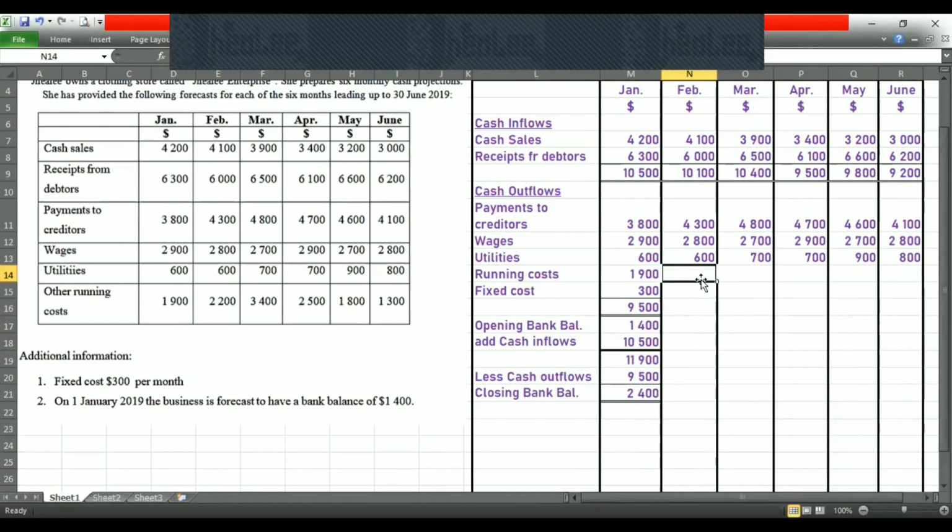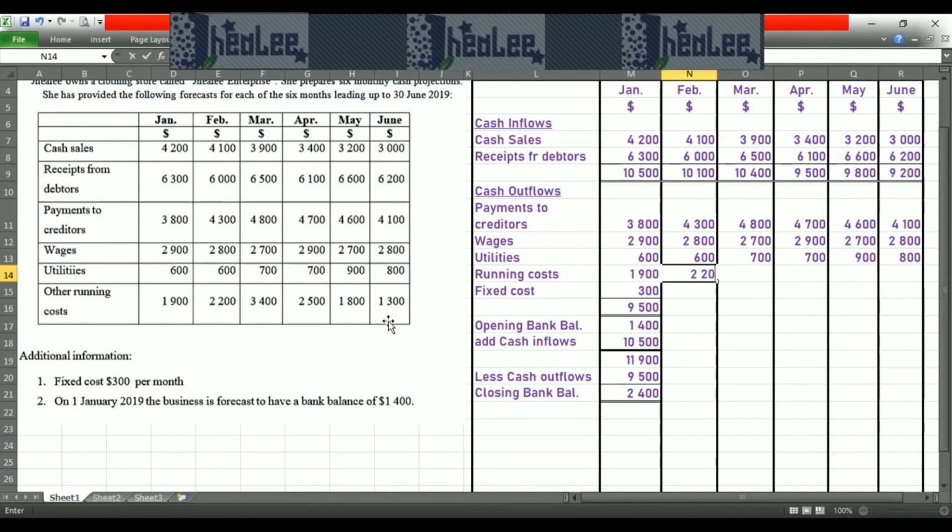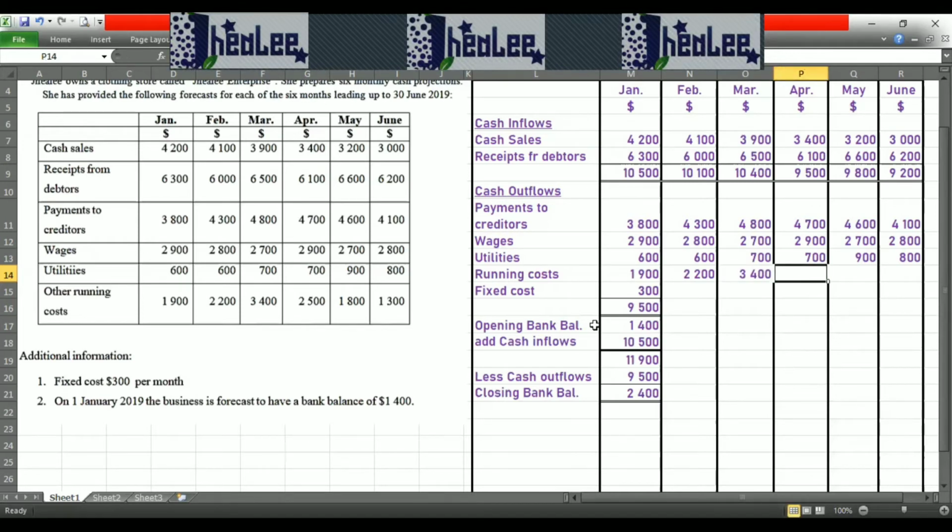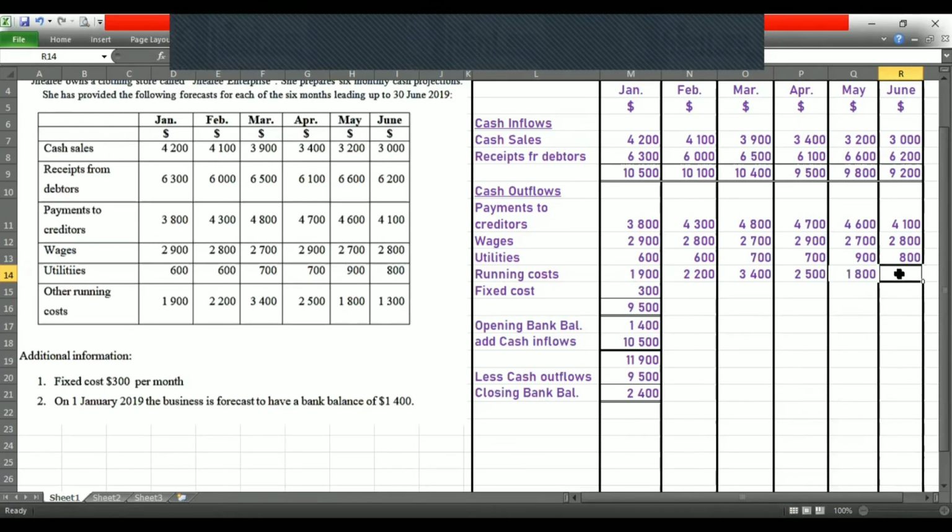Other running costs from February down to June, 2,200. We have for March, 3,400. April, that's 2,500. And May, 1,800. And for June, that is 1,300.